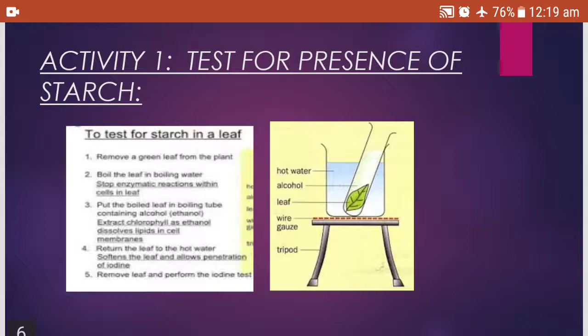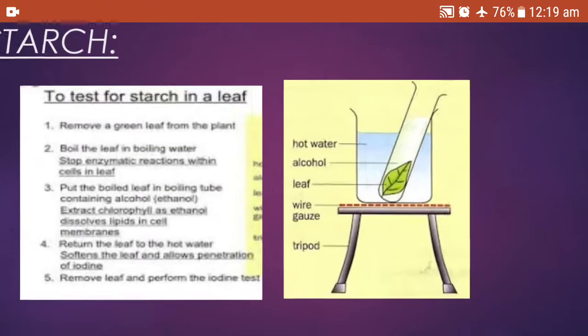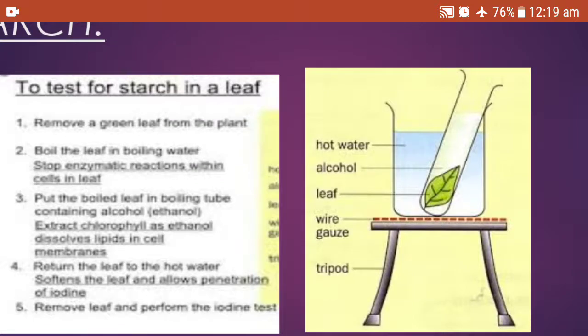Next question is, write an activity to show how do you test the presence of starch. It's very simple. We take any leaf, remove a green leaf from the plant, boil the leaf in boiling water which stops the enzymatic reactions, put the boiled leaf in a boiling tube containing alcohol and let it boil for some time in the presence of alcohol.